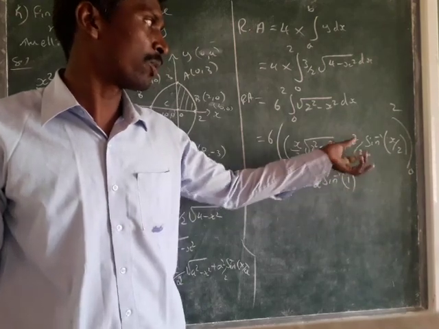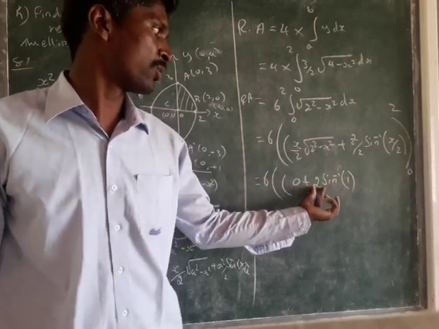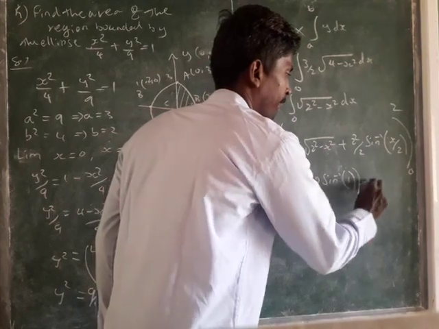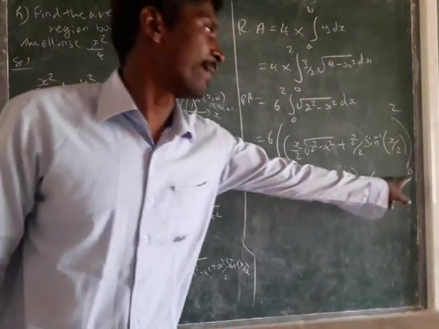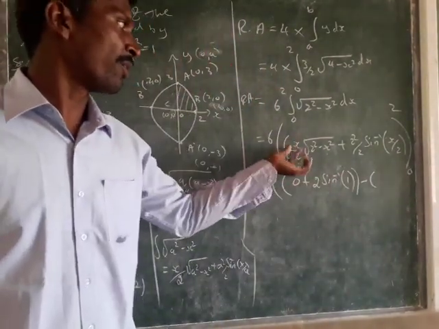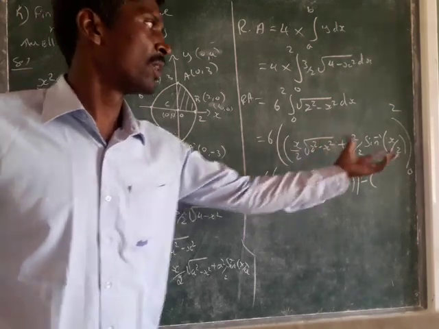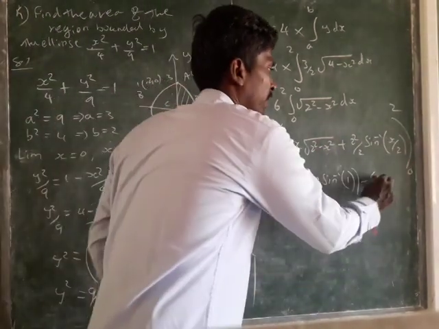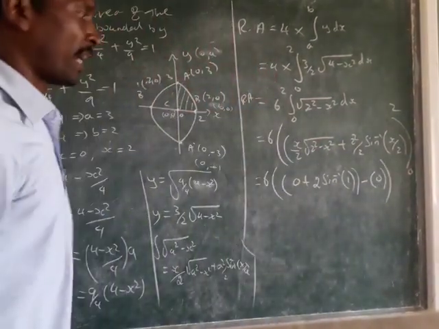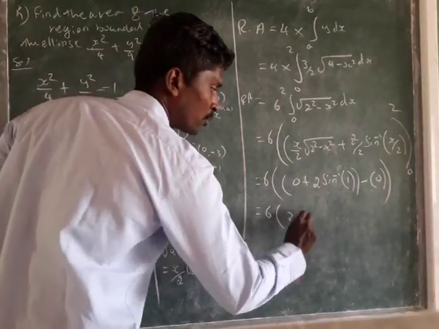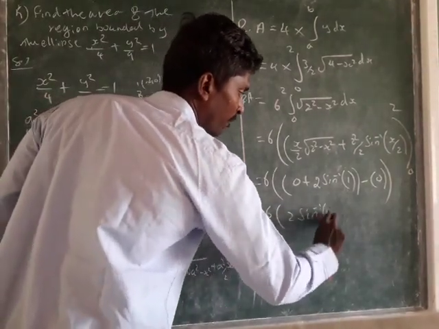Then minus the lower limit: substituting 0, the whole value becomes 0, and sine inverse 0 is also 0. So now we have 6 into 2 sine inverse of 1.